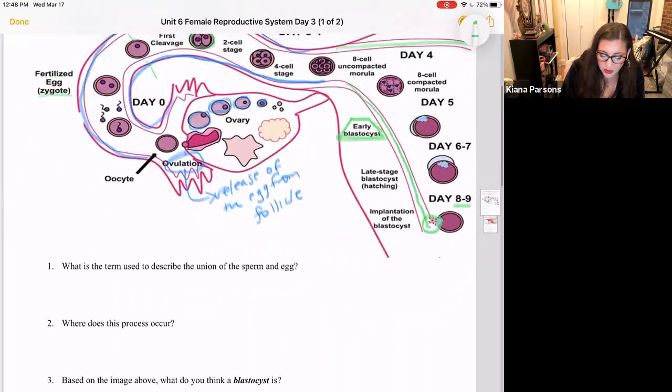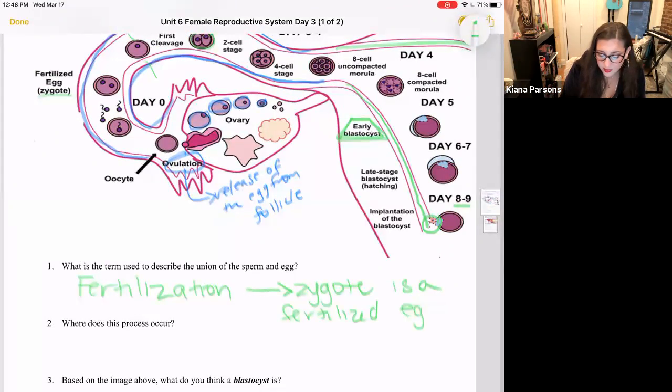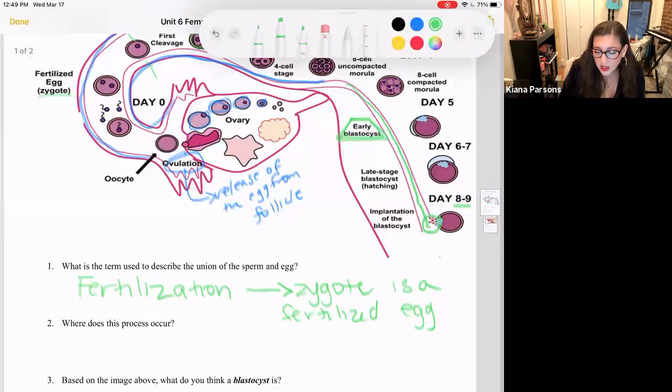So what is the term used to describe the union of the sperm and the egg? Fertilization. And that leads to the zygote, which is a fertilized egg. Where does this process occur?